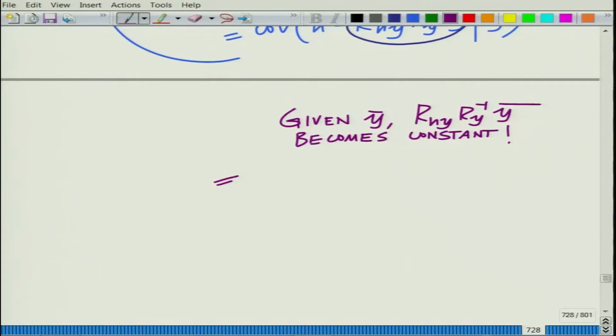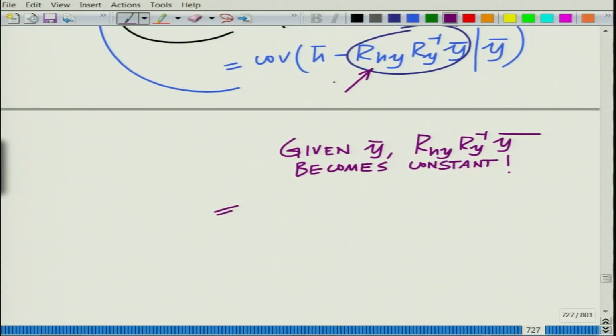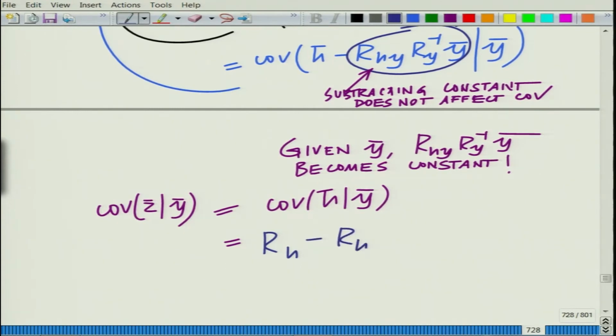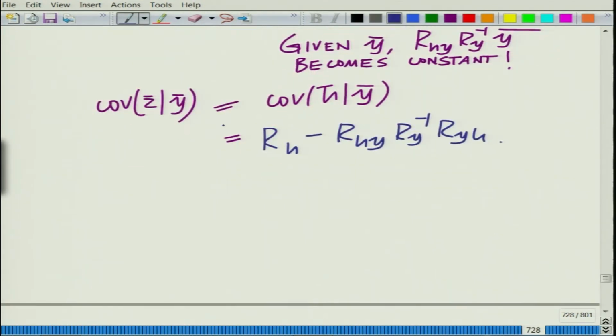So, what we have proved is the covariance of z bar given y bar equals the covariance of h bar given y bar, which you can now write as R_h minus R_hy into R_y inverse R_yh. This is essential.